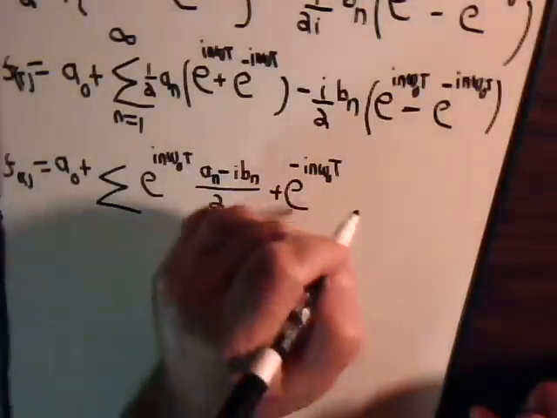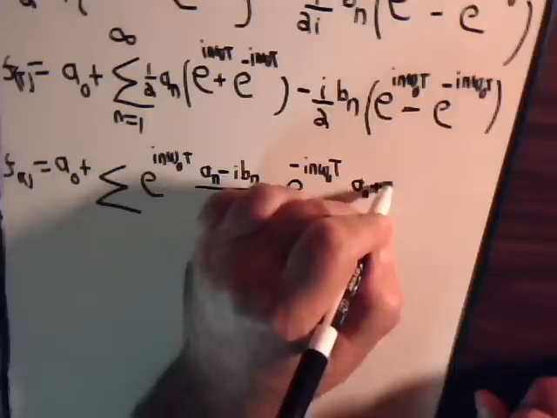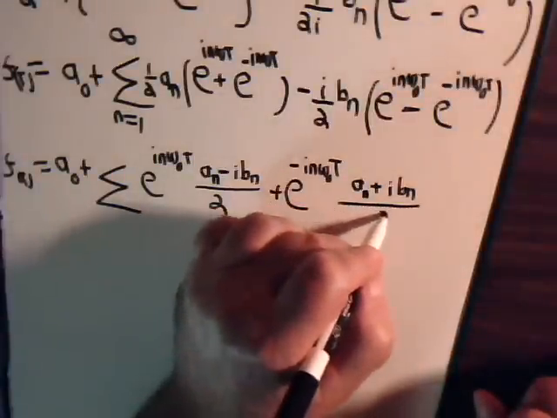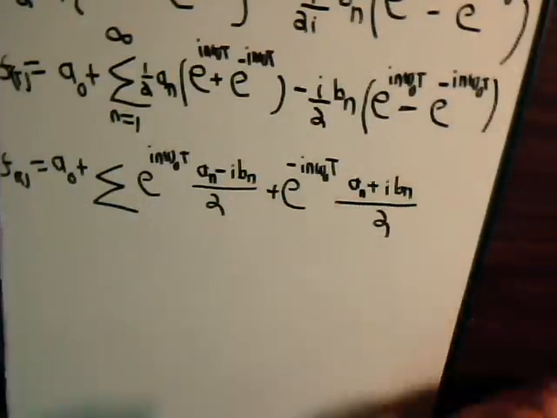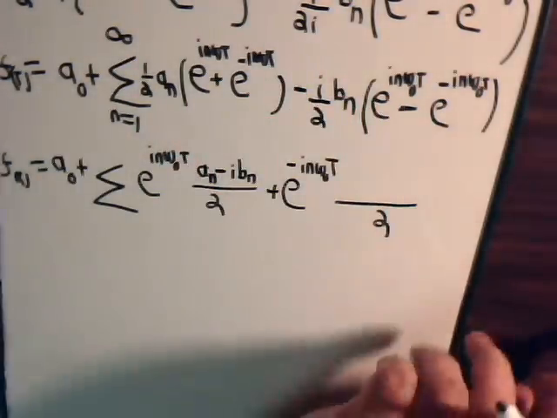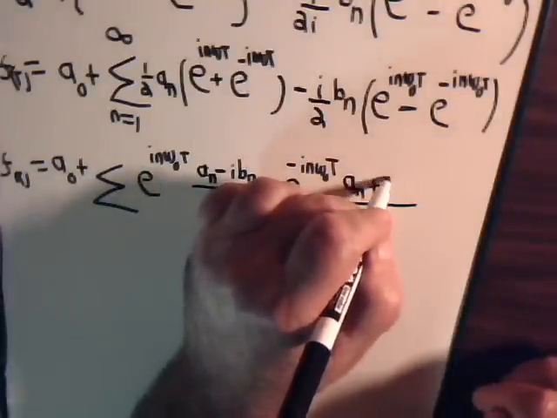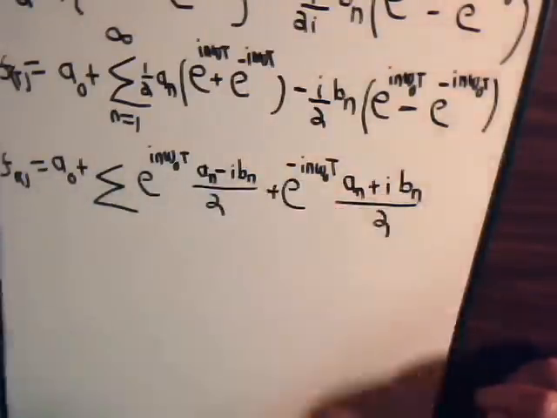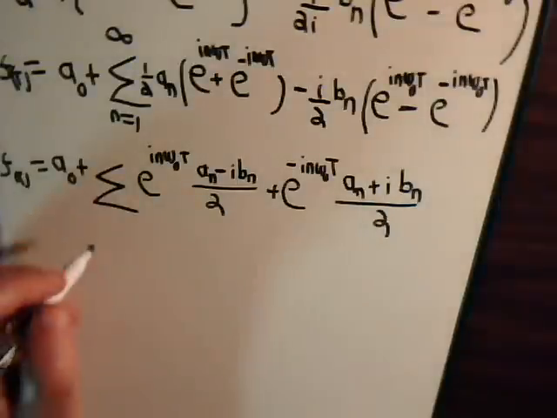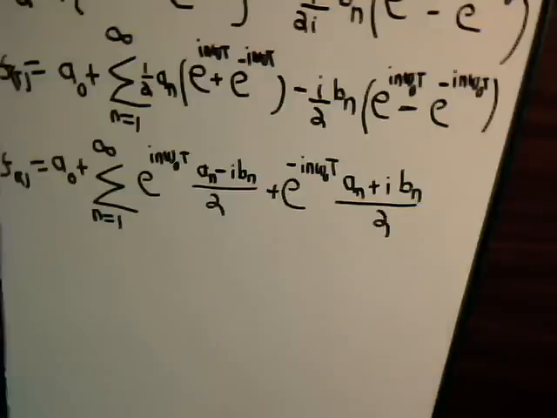So this will be a sub n plus I b sub n divided by 2. So that's our expression so far for f of t. Of course, this is summed from n equals 1 to infinity.